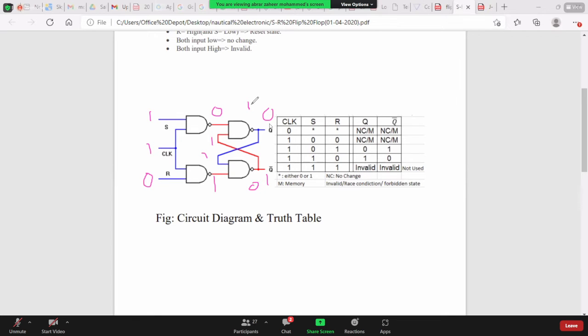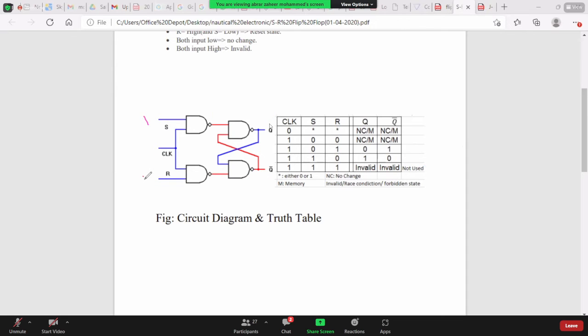So now Q is 1 and Q bar is 0. That means it has gone into the set state. Flip-flop is set to 1. This is known as the set state.